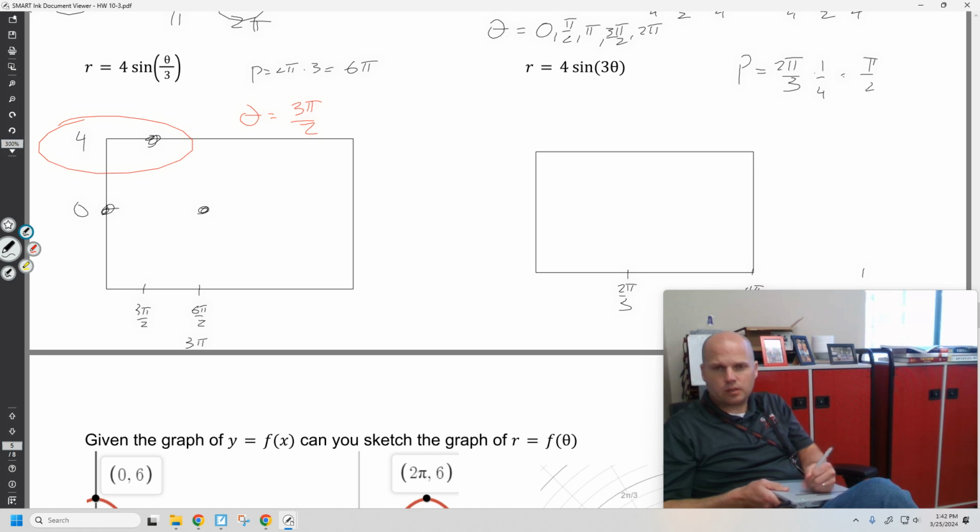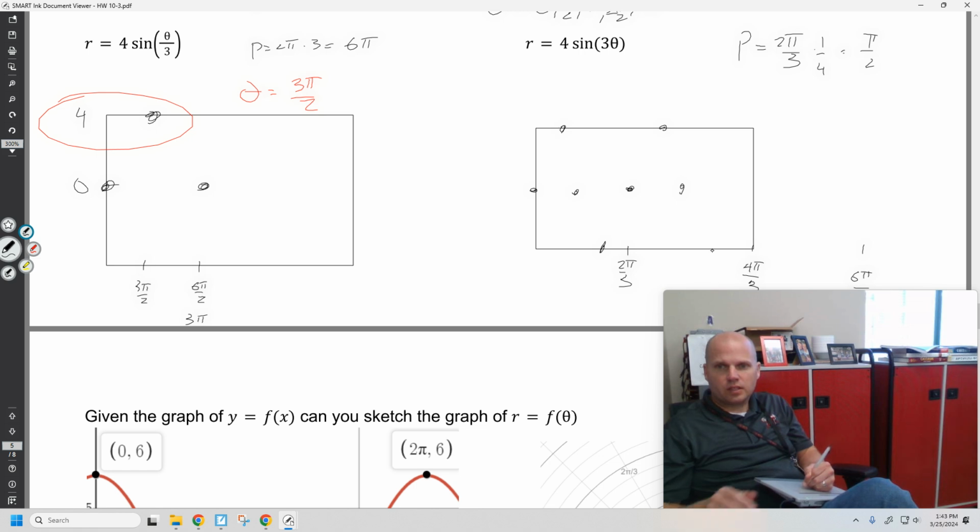Pi over 6. 0, 1 pi over 6, 2 pi over 6, 3 pi over 6, 4 pi over 6, 5 pi over 6, 6 pi over 6, 7 pi over 6, 8 pi over 6, 9 pi over 6, 10, 11, 12. That's my graph from 0 to 2 pi.